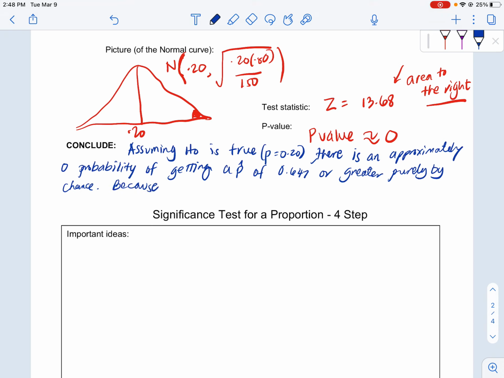And we are going to make our decision because 0 is way less than 0.05. 0.05, by the way, is our given alpha.